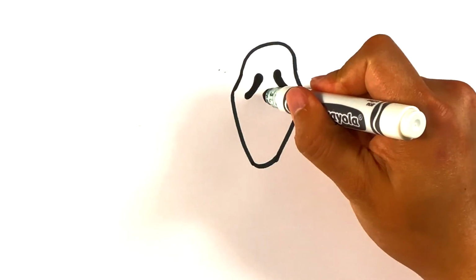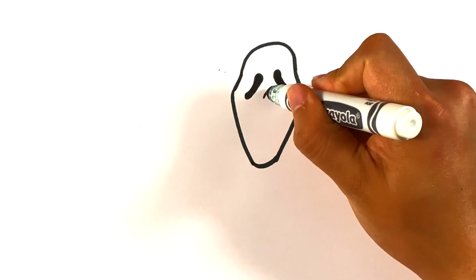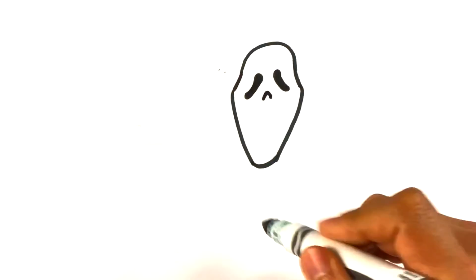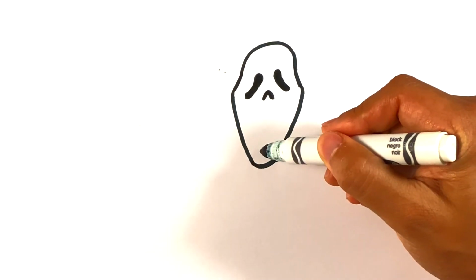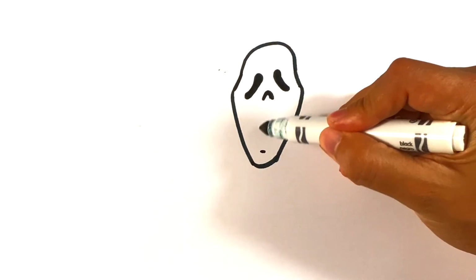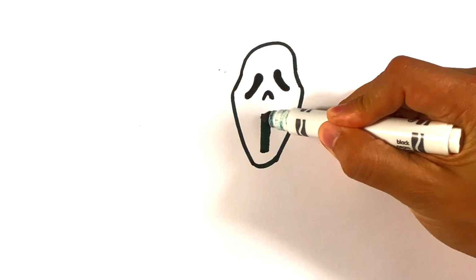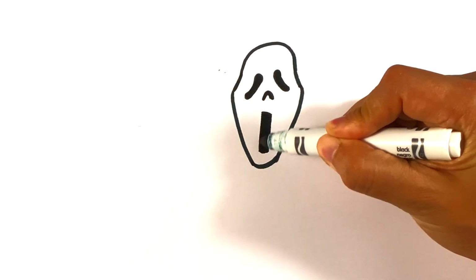Let's do his nose, and it's gonna be a tiny little, almost like the top of a triangle, though it almost looks round. Right between that. And let's do the mouth. Let's take that line method, right? Let's say if I just use the side of the marker and do that. Like that could work.